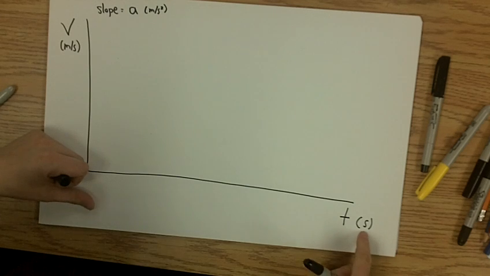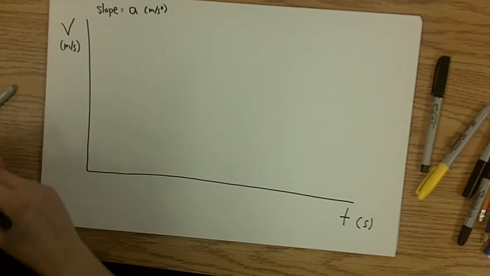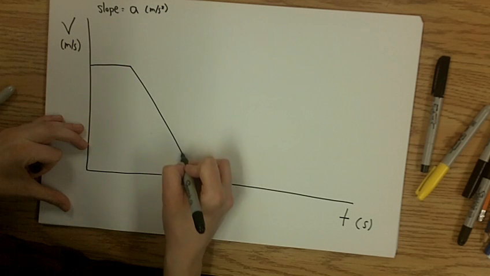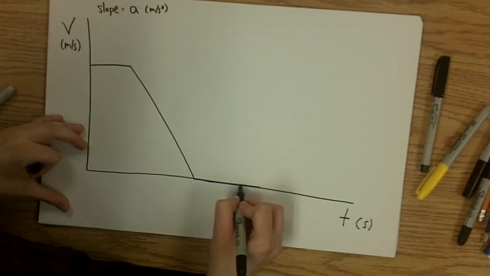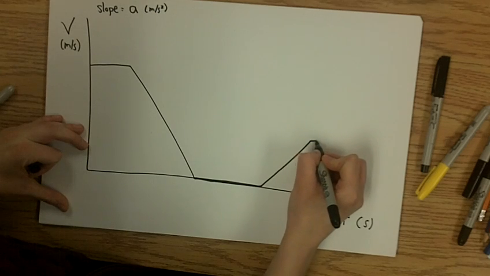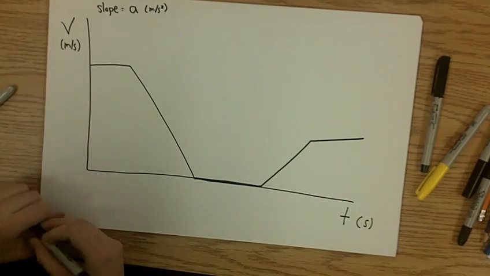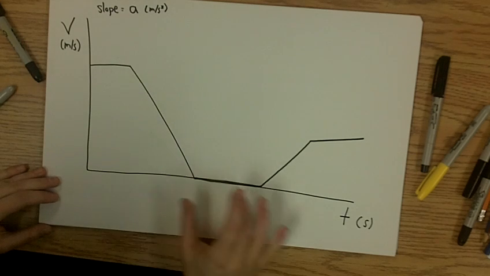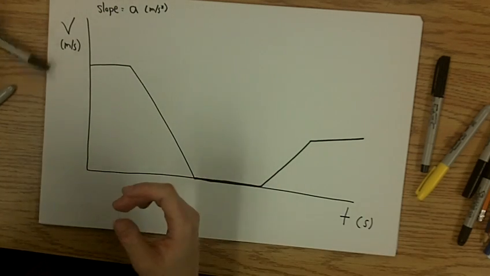Here's my graph. So there are some shapes on this graph too. We have flat lines, slope down, sloped up.